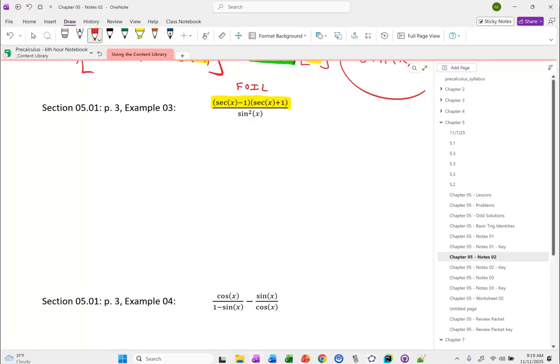When I multiply the firsts together, what's secant x times secant x? Secant squared x. But actually, before we even start foiling this out, what multiplication pattern is this?